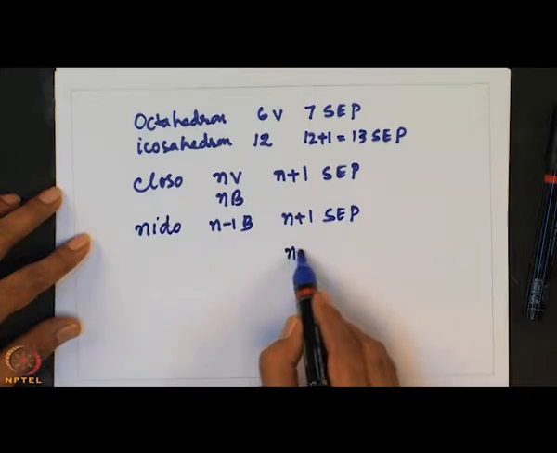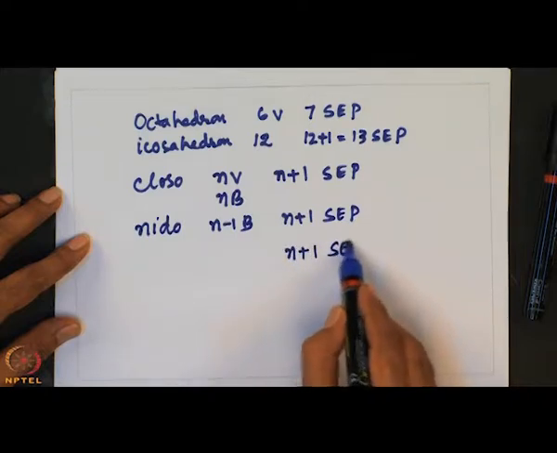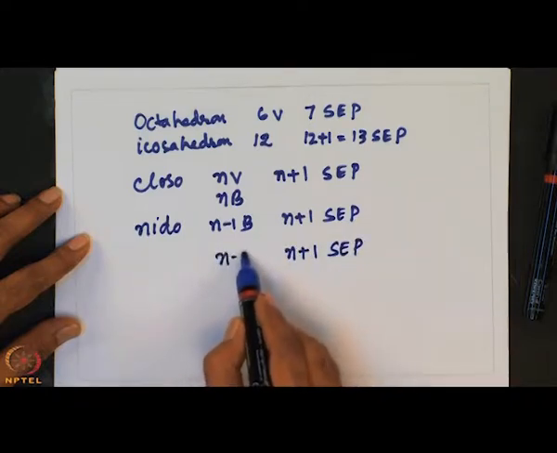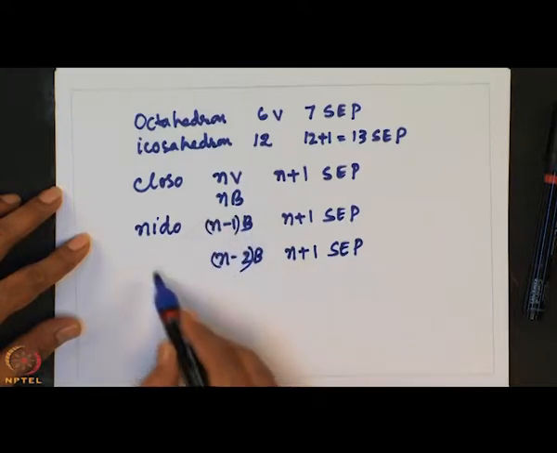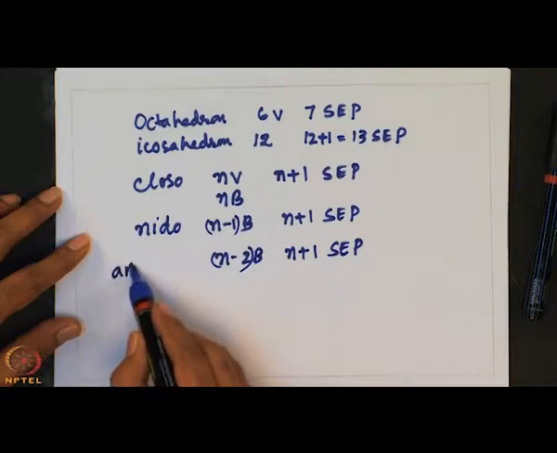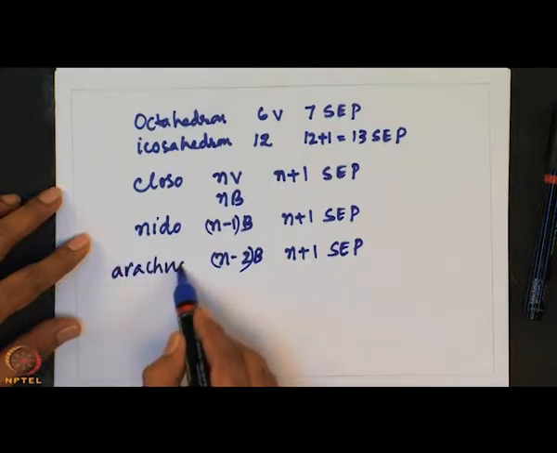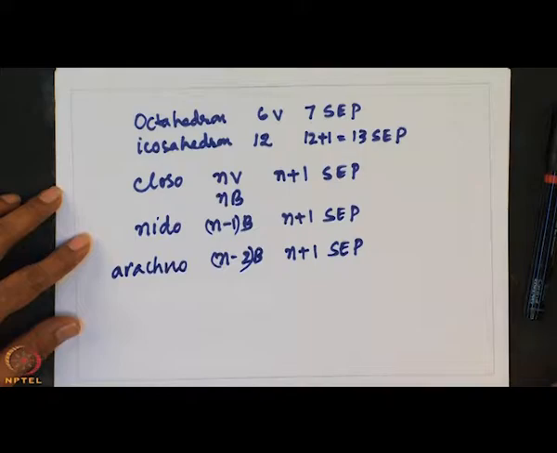Similarly, if we have n+1 skeletal electron pairs and n-2 boron atoms, that is called arachno. This is how we can classify boron hydride clusters.